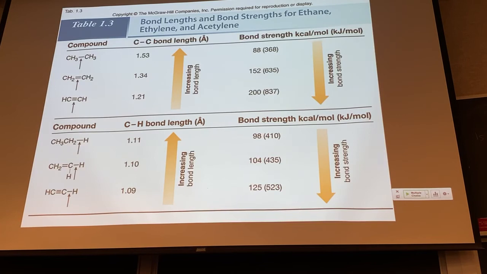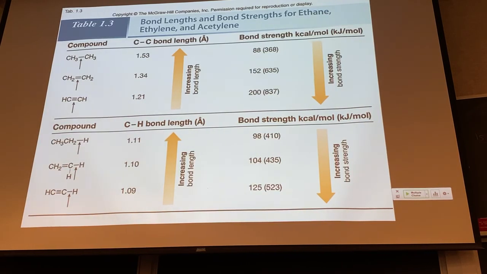What's the difference, first of all? Yes? Okay? What kind of hybridization do we have on a carbon that forms a triple bond? sp. What kind of hybridization do we have on a carbon that forms a double bond? sp2, and then we have sp3 here.